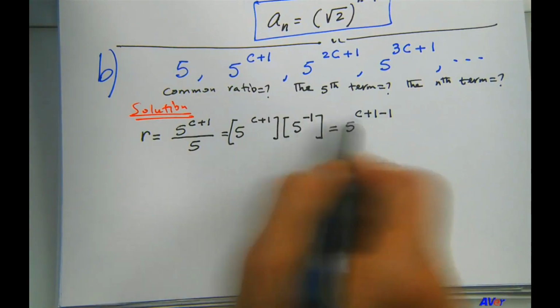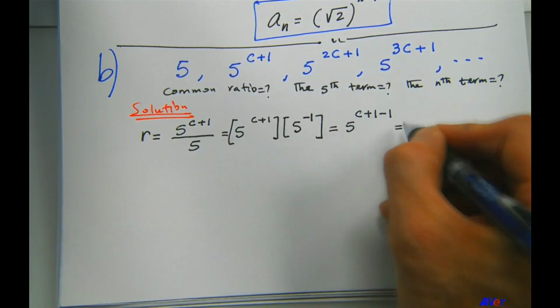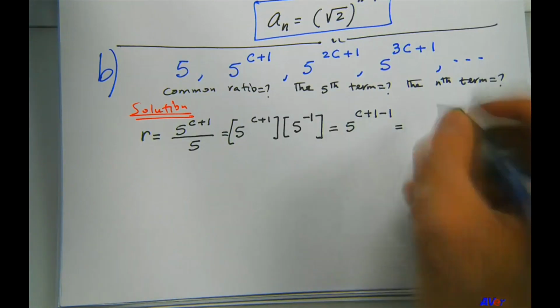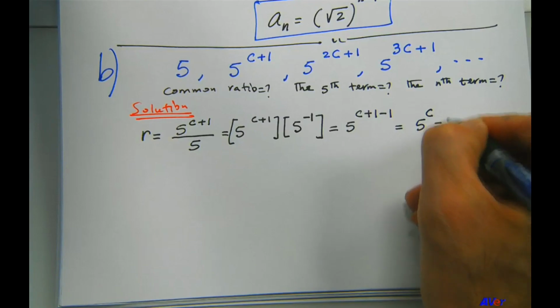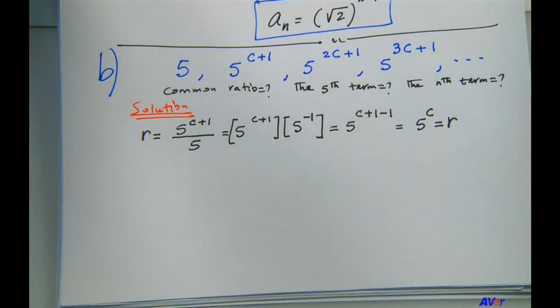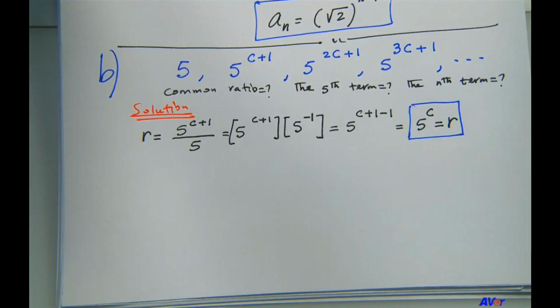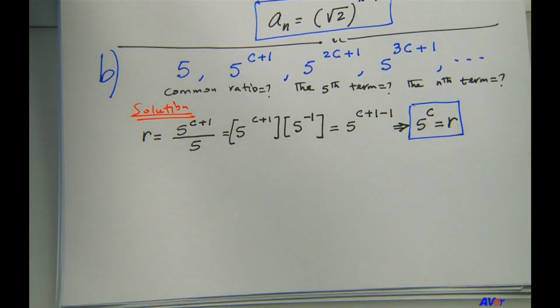We can only do this because the bases are identical. So 1 and minus 1 add up to 0, so we have 5 to c power. 5 to c power is the common ratio, like that.